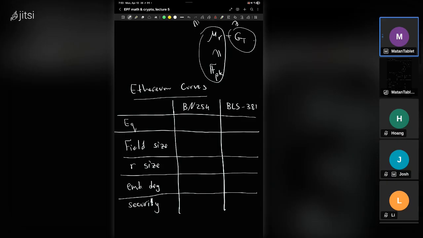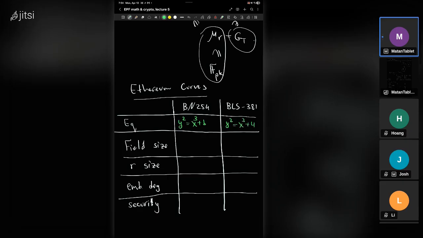Okay, so what do you get here? The equation, in the first case, is y squared equals x cubed plus some b. And in the BLS, it's very nice. It's y squared equals x cubed plus 4.